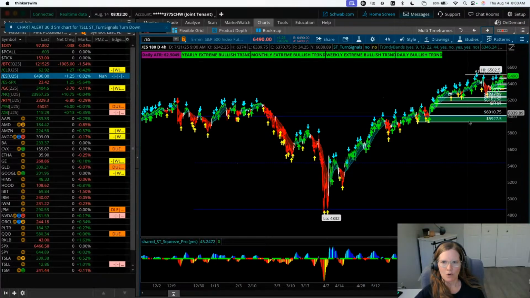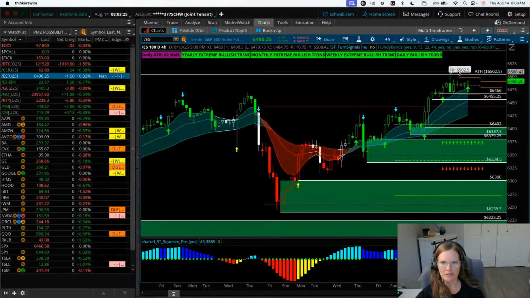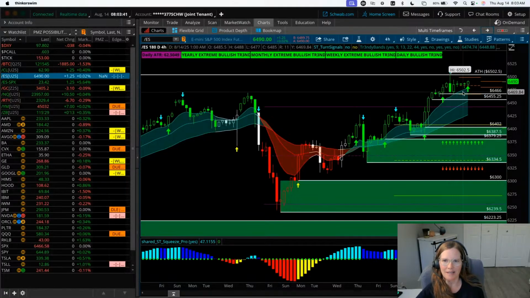Looking at the 4-hour chart now, I'm looking to see on these smaller time frames, have we made any inside candles followed by a down candle? You know that the candle formation, if I could only trade one candle formation, it would be the inside candle.